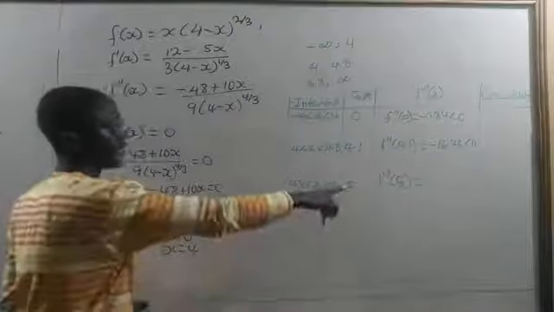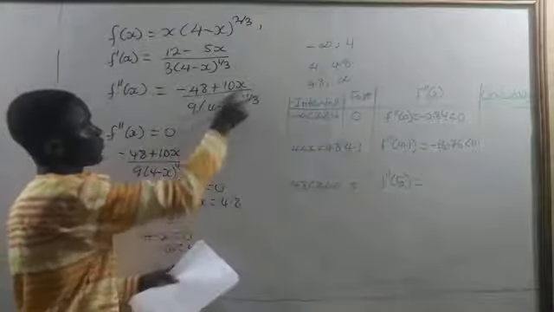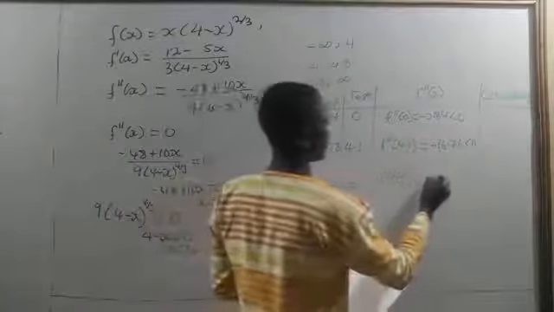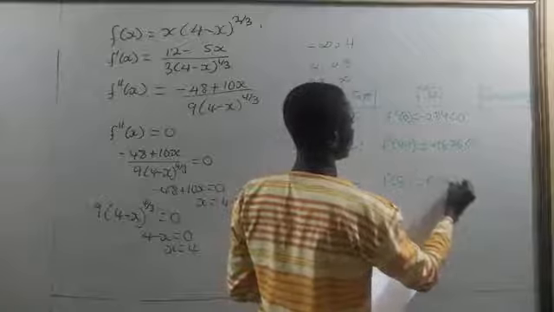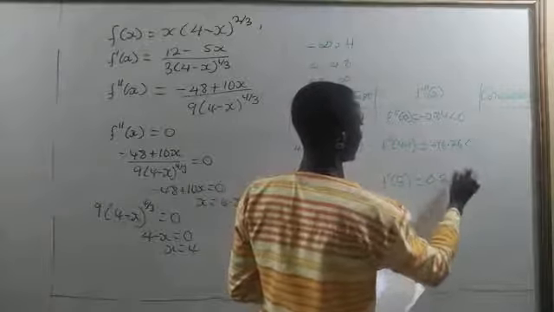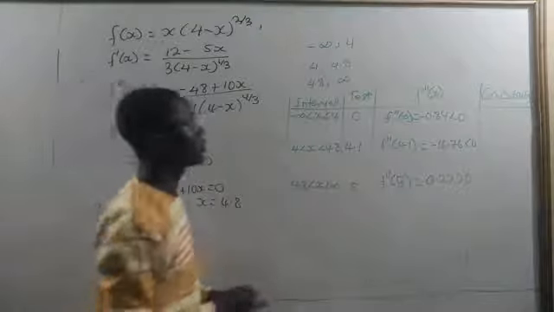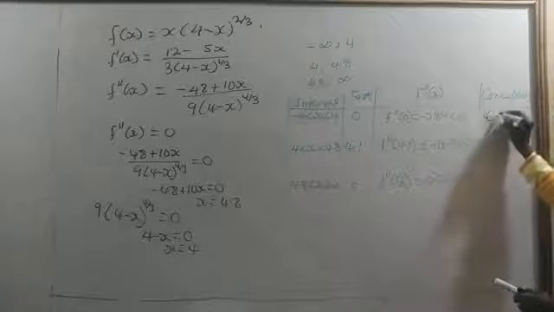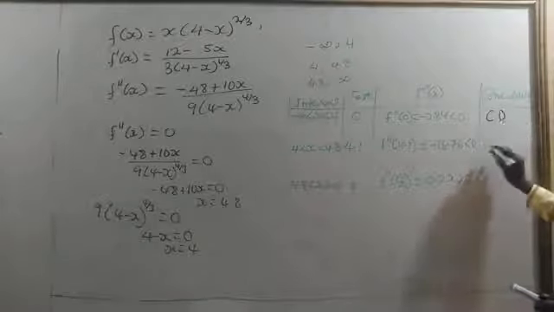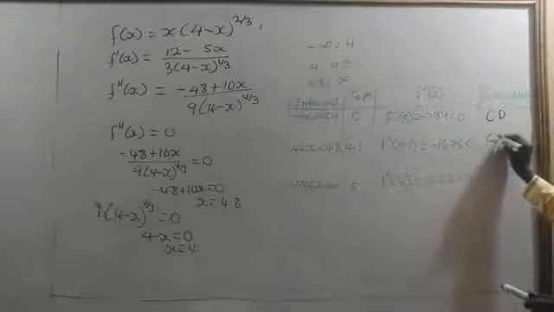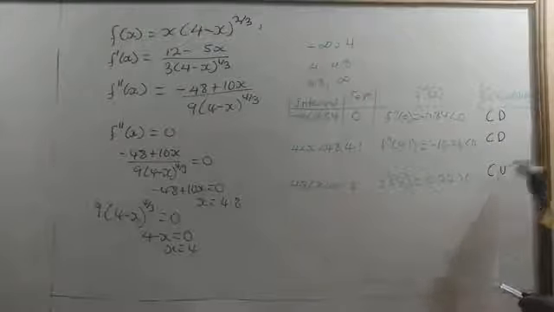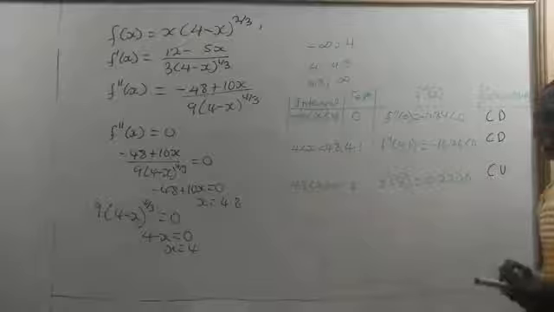Now, if we put in 5 for x, we are going to get 0.22, which is greater than 0. Now, for less than 0, we say that it is concave down. Less than 0, so it is concave down. Greater than 0, so it is concave up. Very, very simple like that.